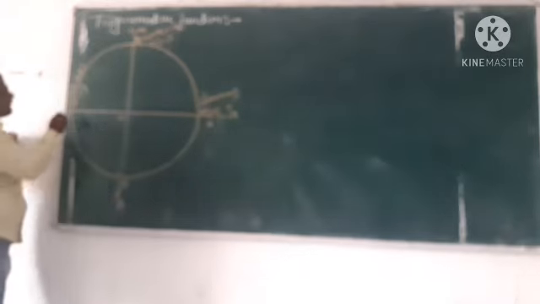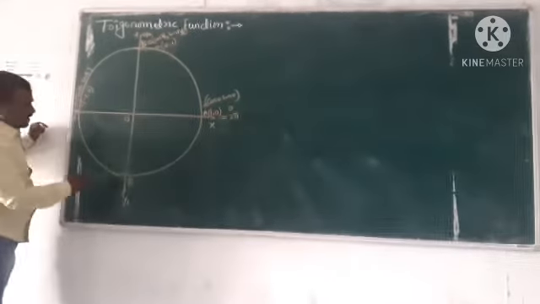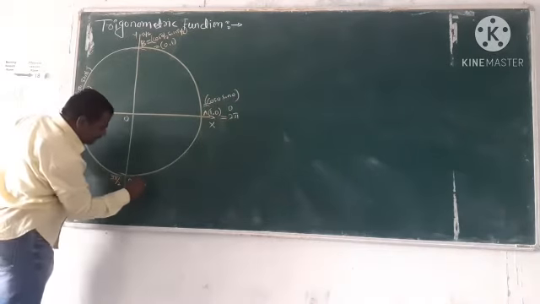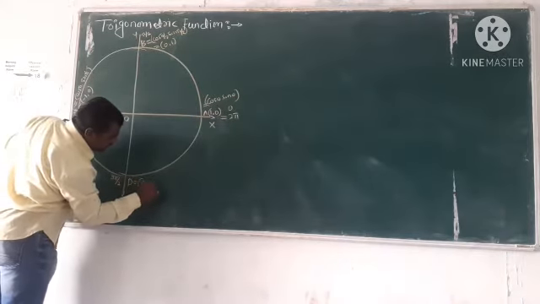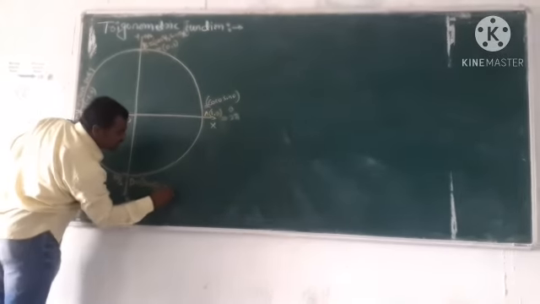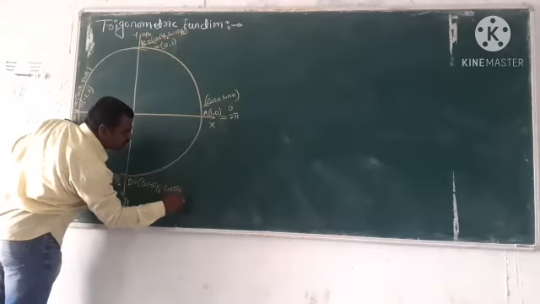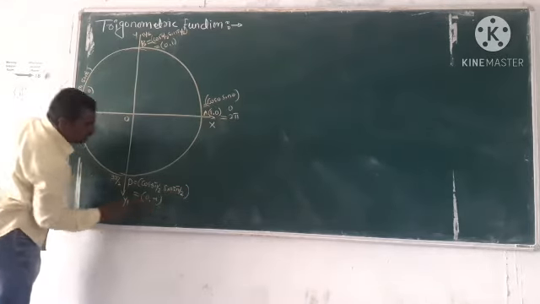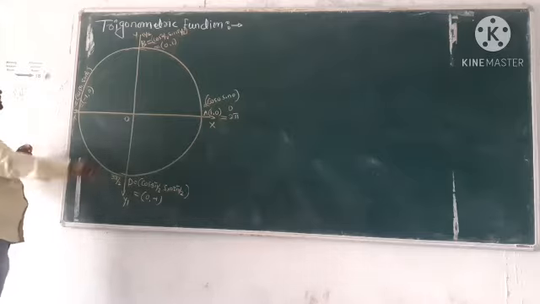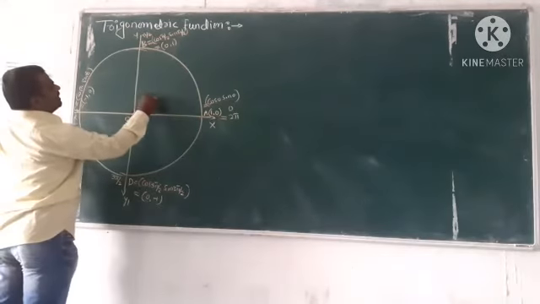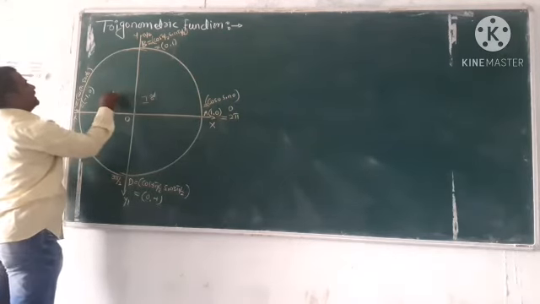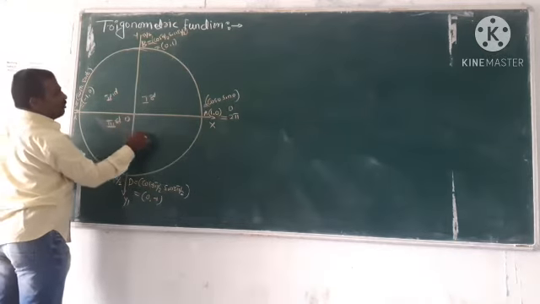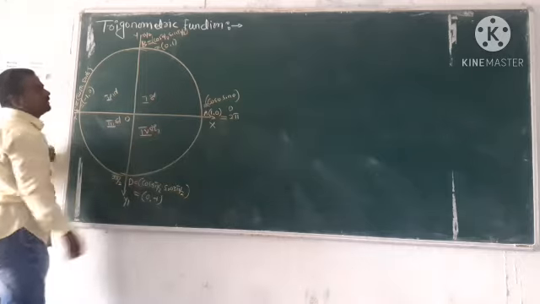This is the value expressed for pi, and here 3 pi by 2: cos 3 pi by 2, sin 3 pi by 2 is the value (0, -1). Look at this: this is the first quadrant, here second, here third, here fourth. All the quadrants.